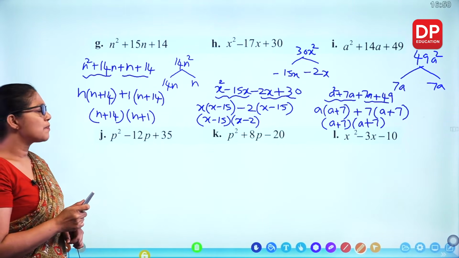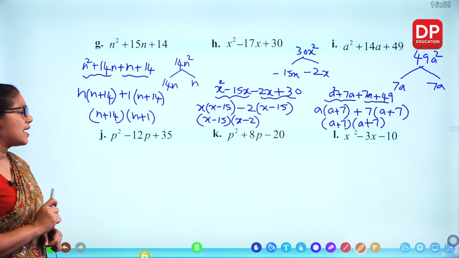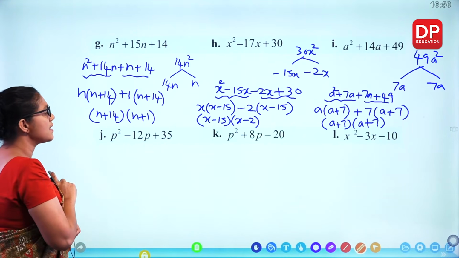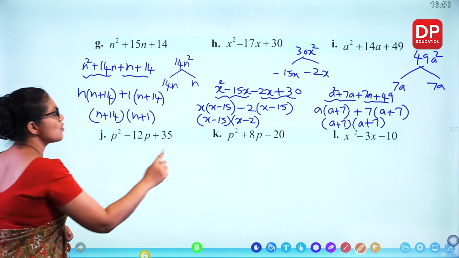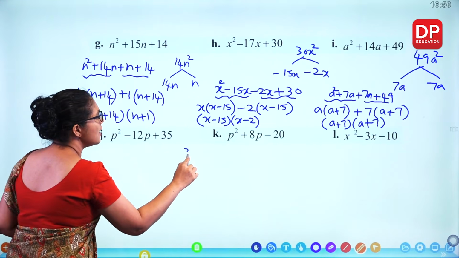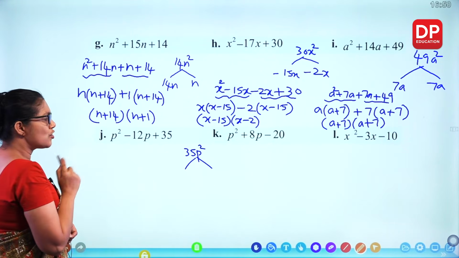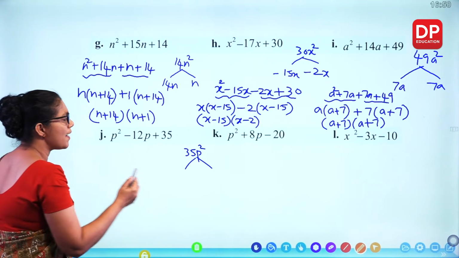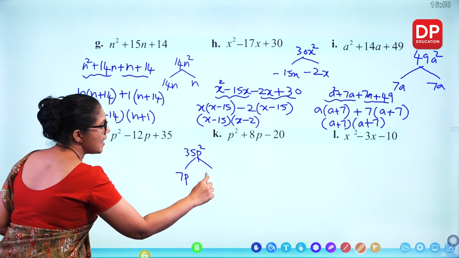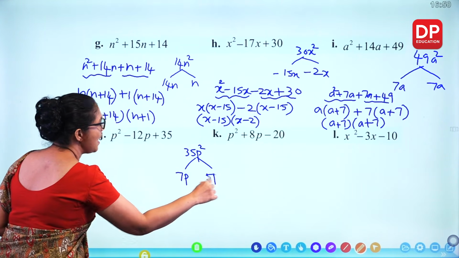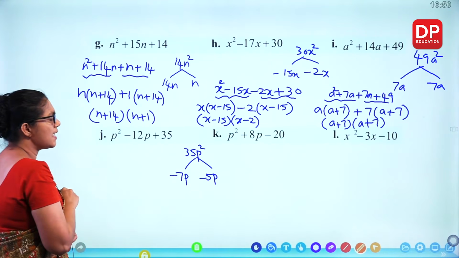When you look at this one, last term is positive, second term is negative. So last term is positive means both should be negative to get negative middle term. So what are the factors of 35p squared? This should be 7 and 5. So you can write 7p and 5p, but both negative.